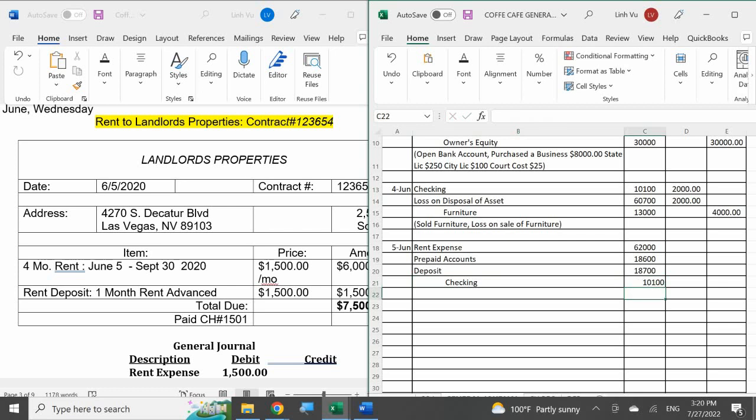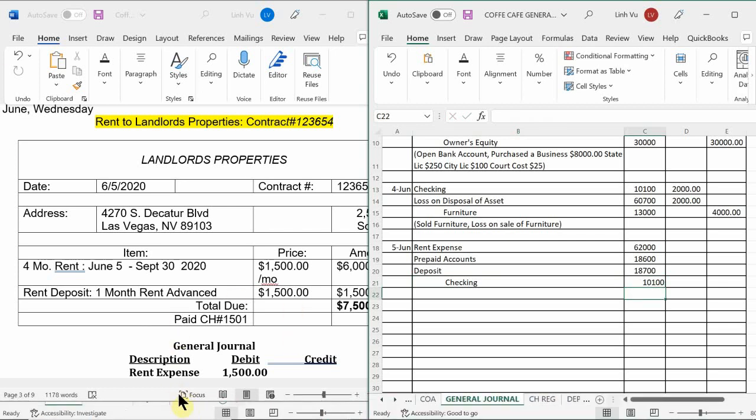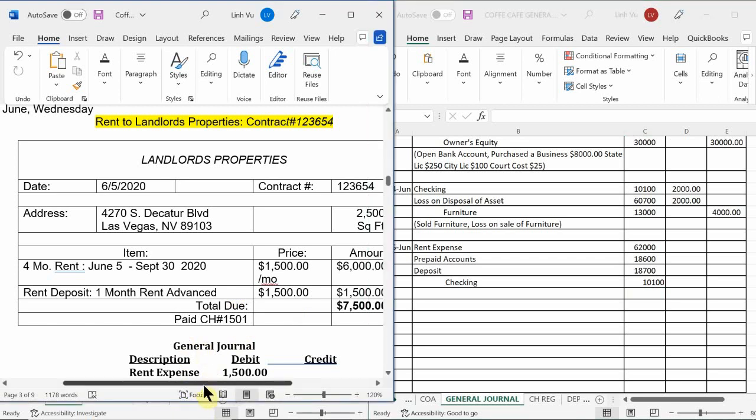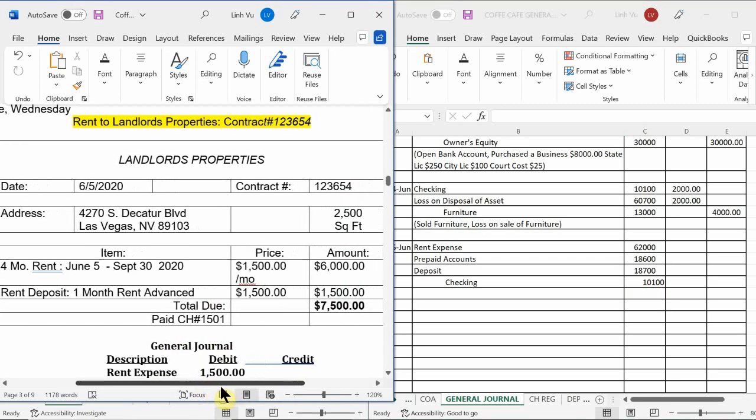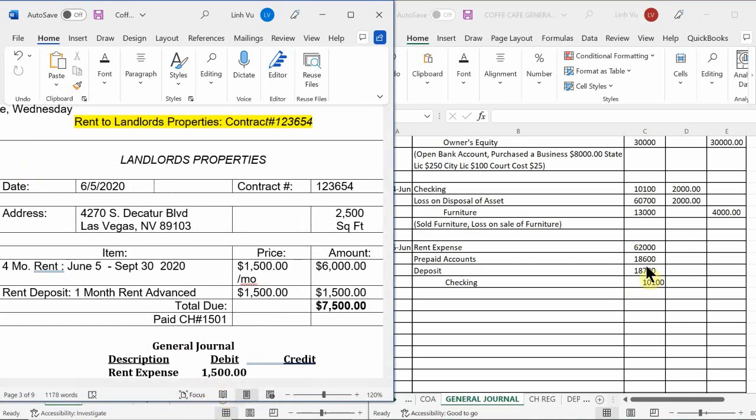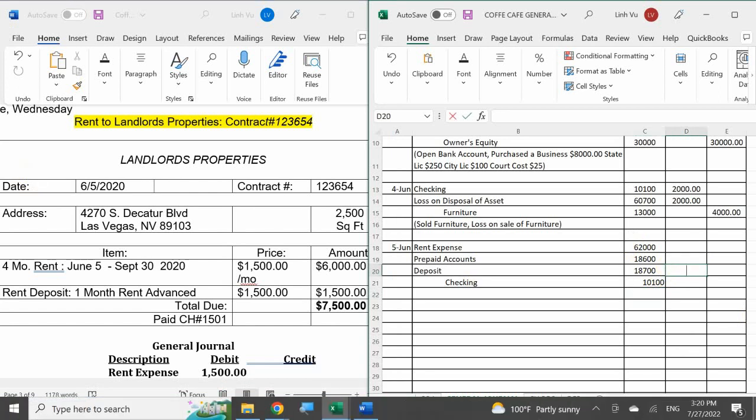Now, let's take a look at my receipt here. It tells me, how much was the deposit for? $1,500. How much was 3 months of rent? $4,500, because if each month is $1,500, I purchased June, July, August, September.